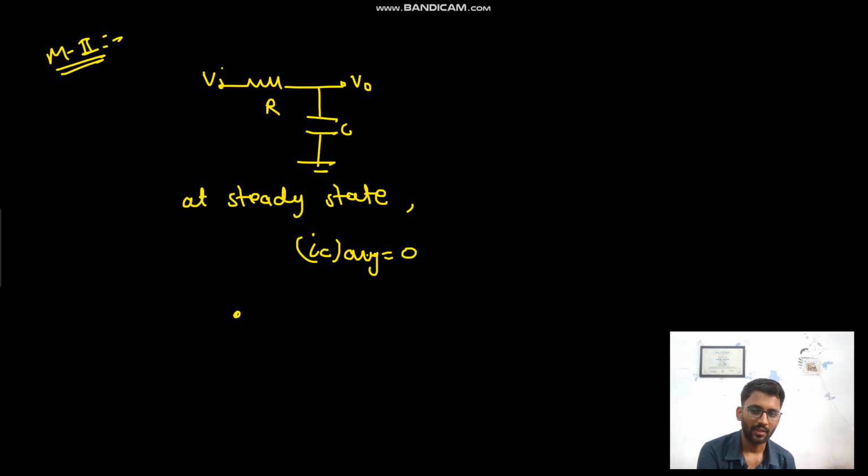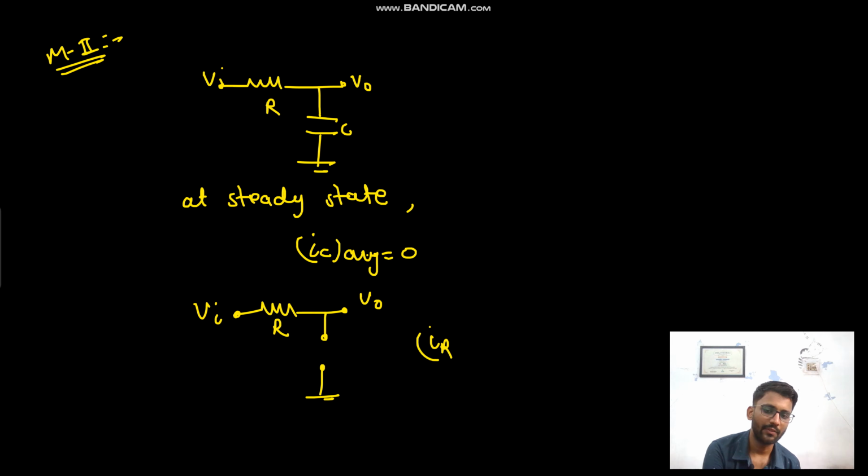So we can make the circuit like this. The average current is 0. Okay, and this is V in. So if this is 0, then your IR average will also be 0, right? This is 0 ampere, this is 0 ampere.